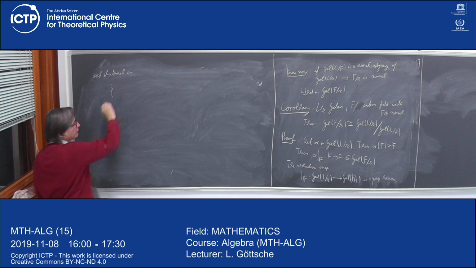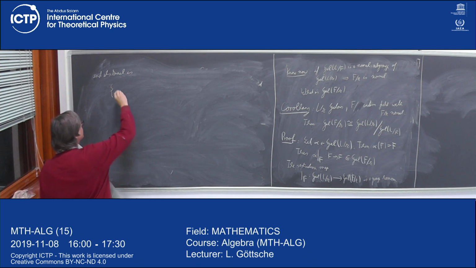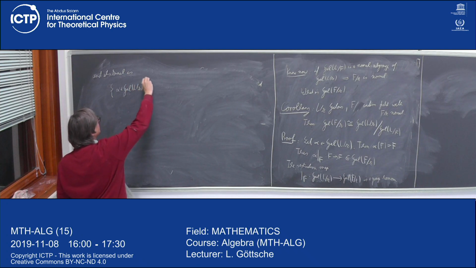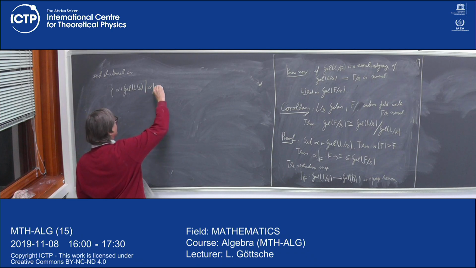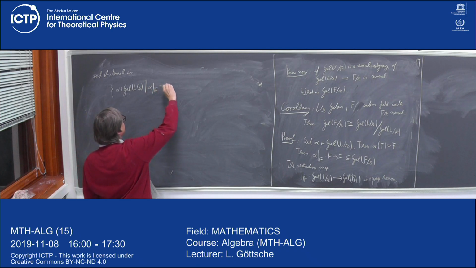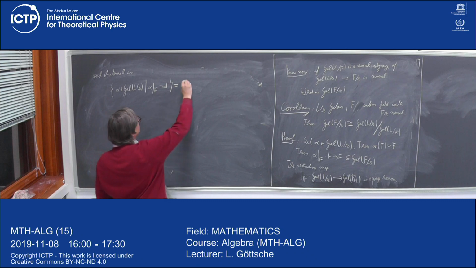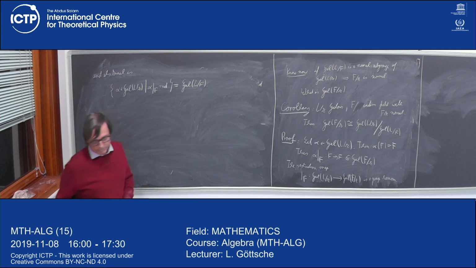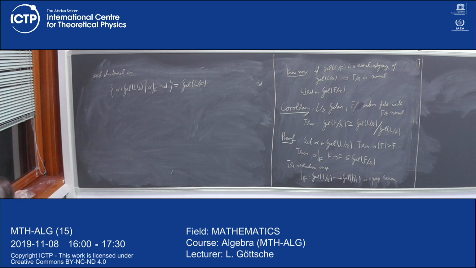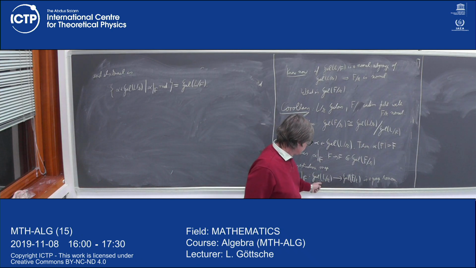This is the set of all alpha in the Galois group of L over K such that alpha restricted to F is the identity, which is by definition equal to the Galois group of L over F. So we know that this is the kernel, so therefore we get an isomorphism of the quotient of this divided by this to the image of the map.